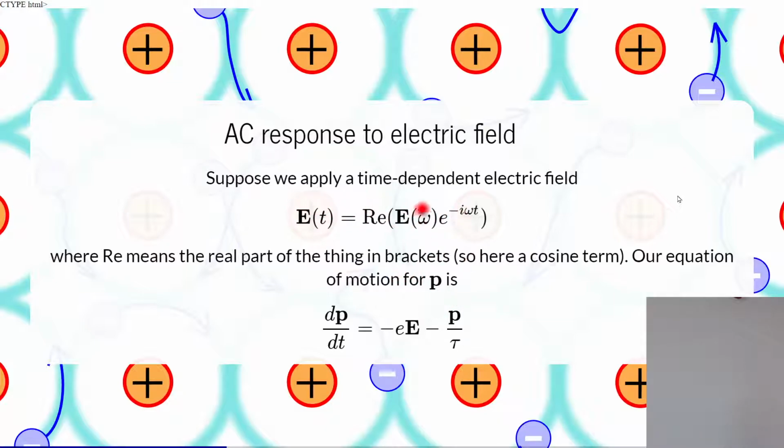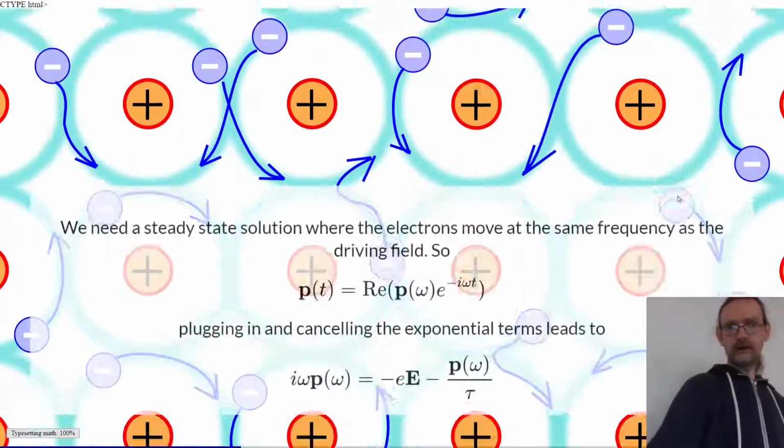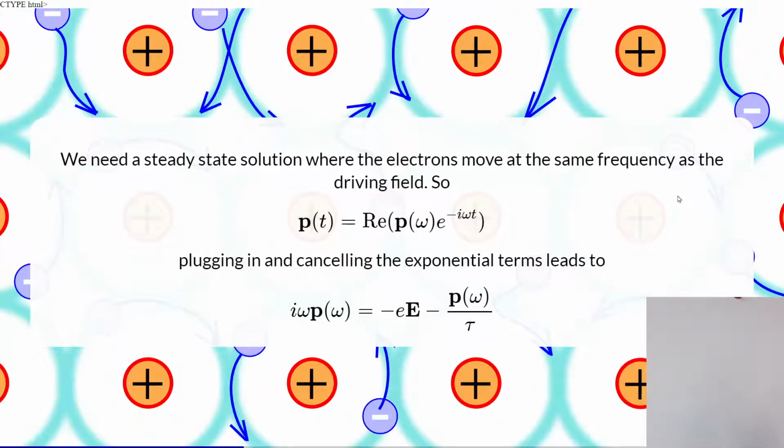If we assume that is the electric field we're going to apply, we plug it into our equations, and we assume that the electrons are going to join in the dance. They're going to go backwards and forwards in a similar way to the electric field that we're applying.